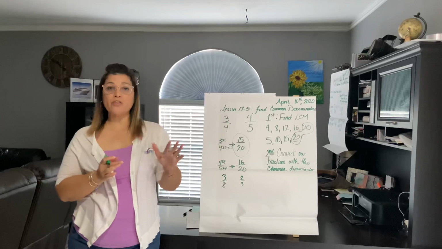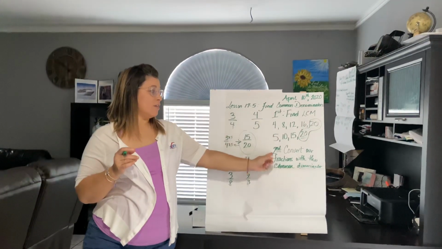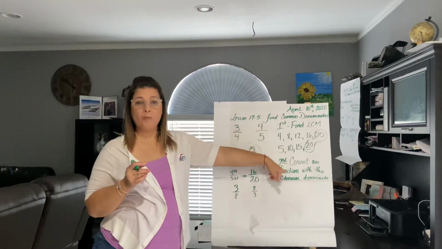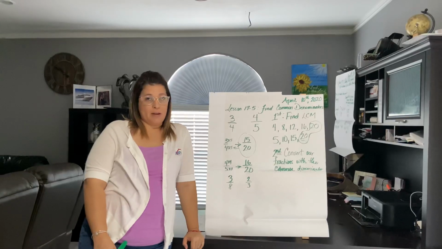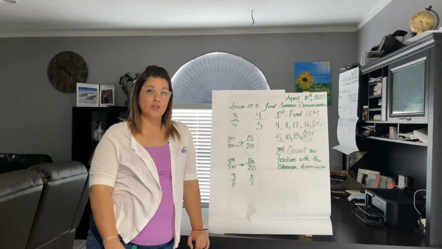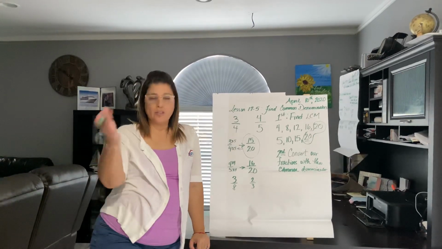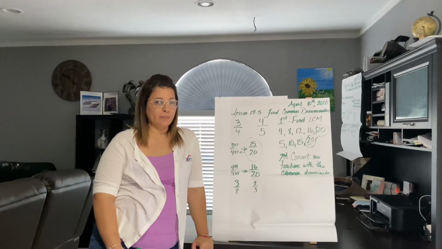And once you pause your video, you're going to find using the two simple steps of finding the common denominator. So put it on pause, so that you could do it on your own. And then once you come back, we're gonna do it together and see if you did it the same way.